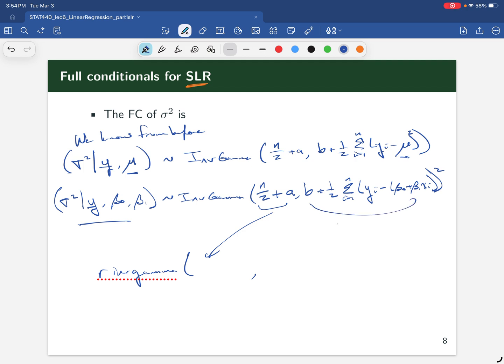The second parameter goes in just as we've said, that's just a number for any given value of beta naught and beta 1, and we could draw from that. So that piece is going to be relatively straightforward.